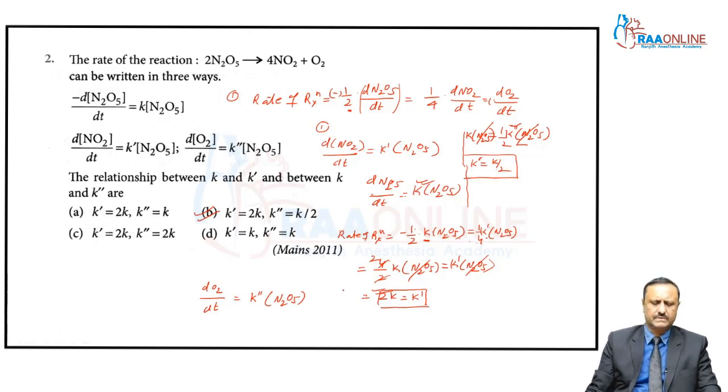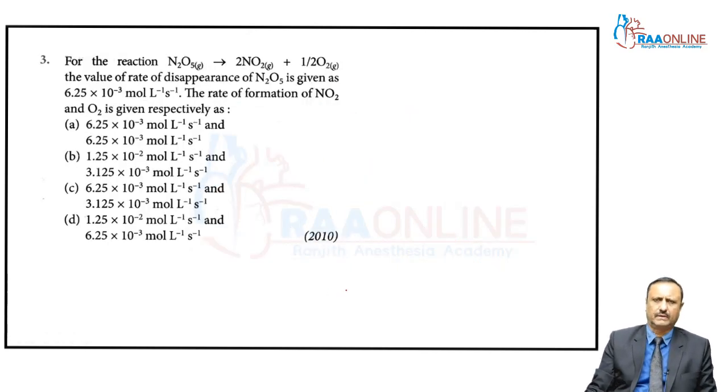Now, my dear students, we can go to question number 3. Here you can see question number 3. For the reaction N2O5 gives twice NO2 plus half O2, the value of the rate of disappearance of N2O5 is given, and the rate of formation of NO2 is asked. First of all, you can put the rate law.